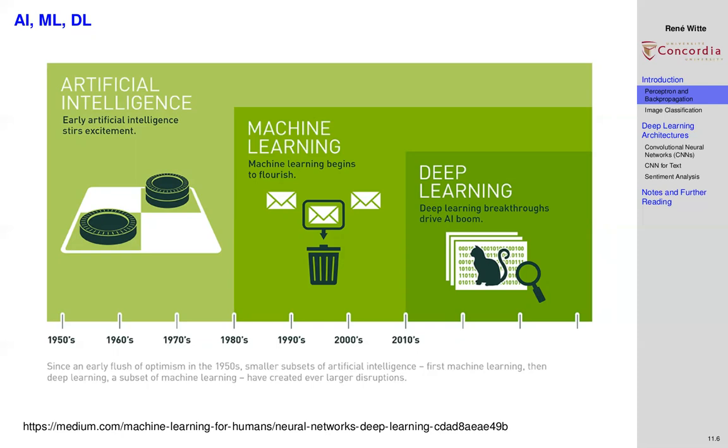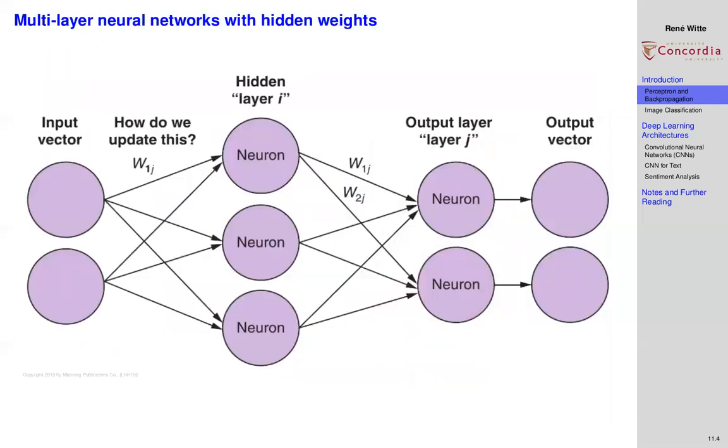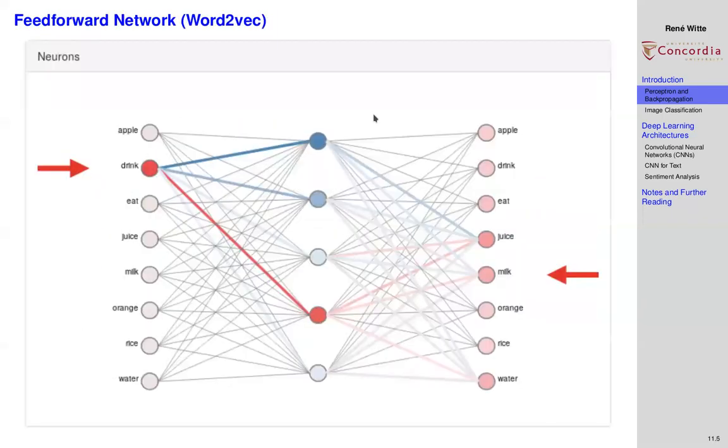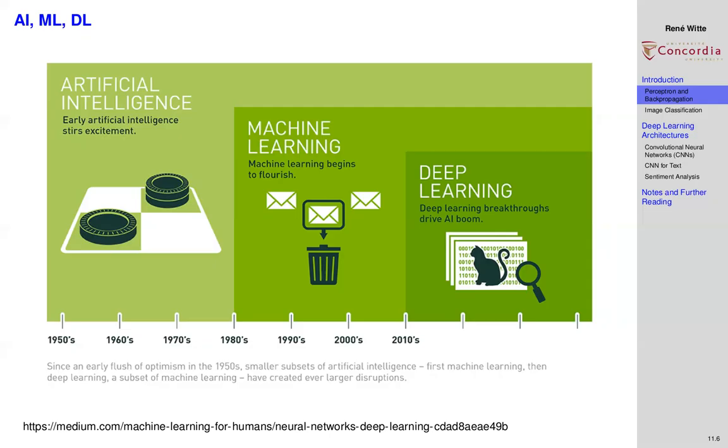But essentially, we are still talking about neural networks. You'll see that one of the main differences is that we can now train bigger networks, not just 3 layers, input, hidden, output. We'll have a lot more layers in there, and these networks are able to perform a lot better than the old networks at the time.